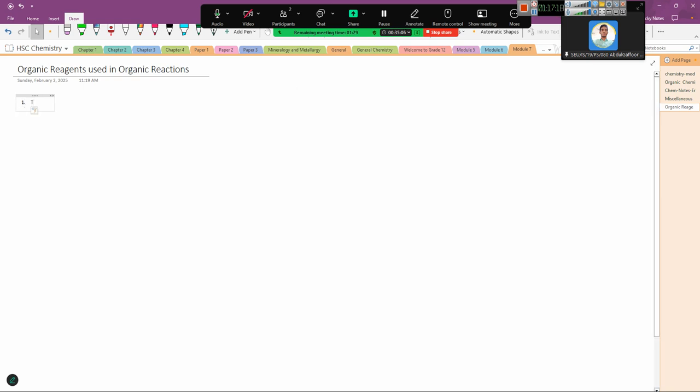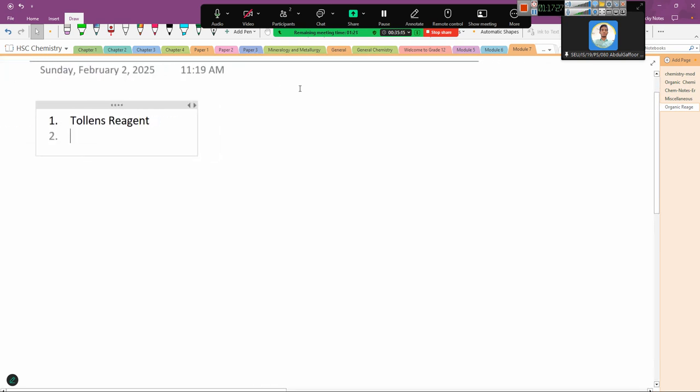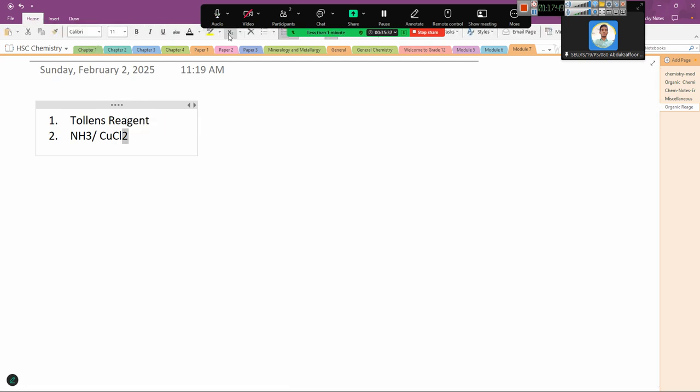Did you study about Tollens' reagent? No. Tollens' reagent, the first thing. And the second one is going to be NH3/CuCl2, ammonia and CuCl2, right? So the 3 and the 2 are supposed to be subscripts. Let's study little by little, and these are very important.